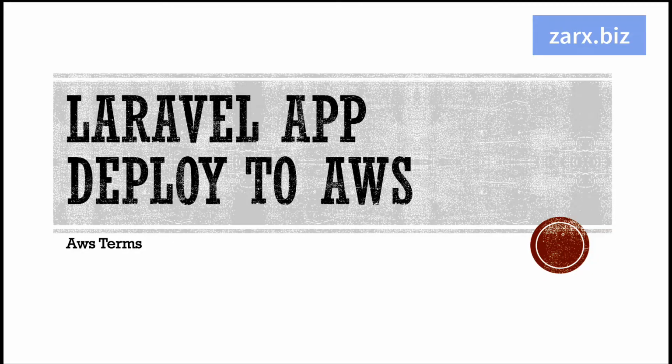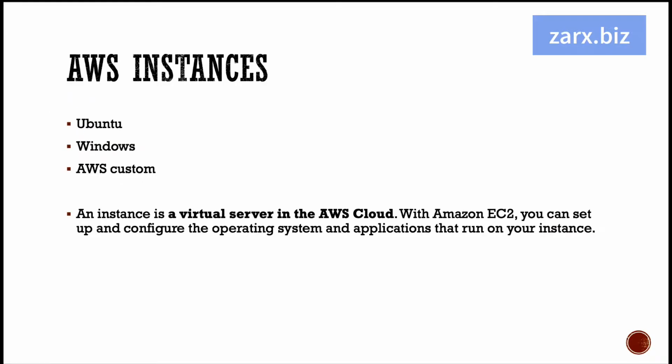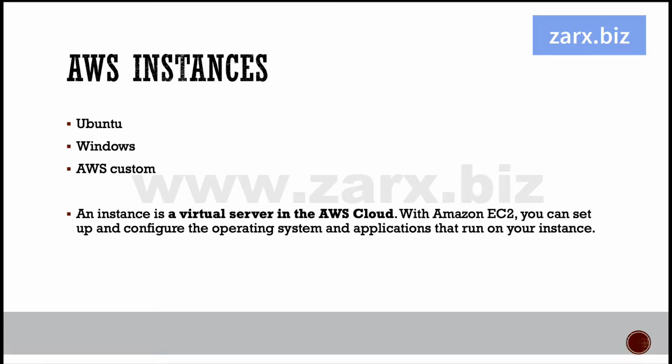Now before we continue, I want you to know a few terms that I will be using in this video. First is the AWS instance. What is an instance? An instance is a virtual server in the AWS cloud. With AWS EC2, you can set up and configure the operating system and applications that run on your instance.